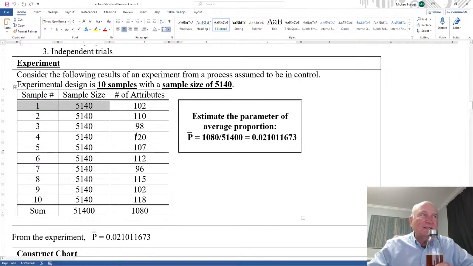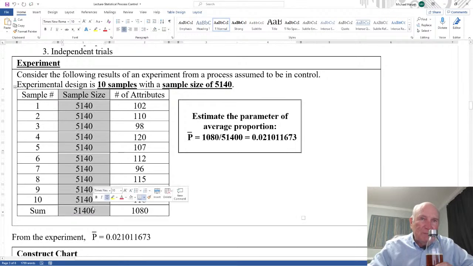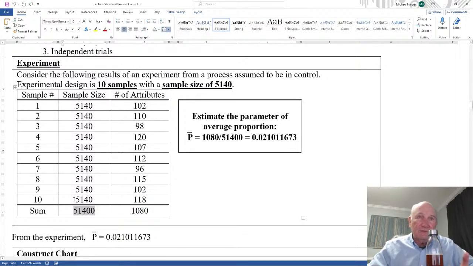The whole experiment is 10 samples. And so if each one of these has a sample size of 5140, then the experiment has 51,400 because there's 10 of them. So 51,400 is the total number of observations in the experiment.